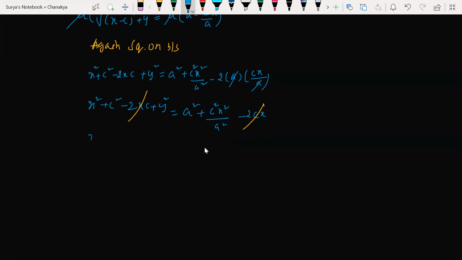x square minus c square x square by a square plus y square is equal to a square minus c square.